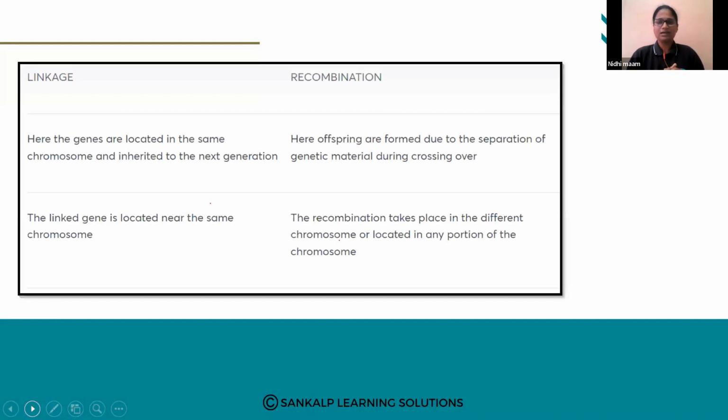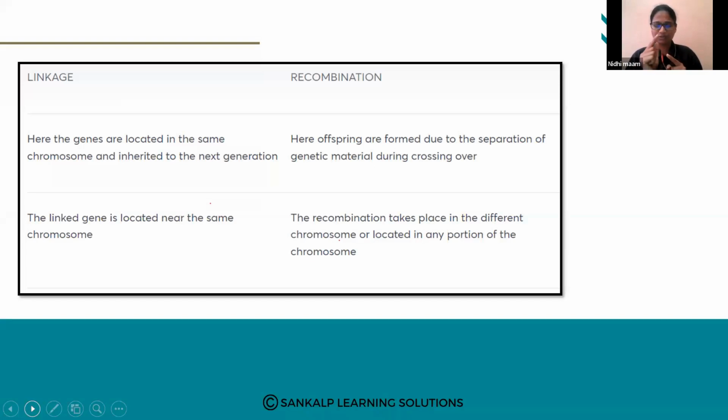Here it is. Guys, whenever the question comes as differentiate between, please don't forget to put the column, right? So in linkage, the genes are located in the same chromosome and inherited to the next generation. In recombination, offspring are formed during separation of genetic material during crossing over.